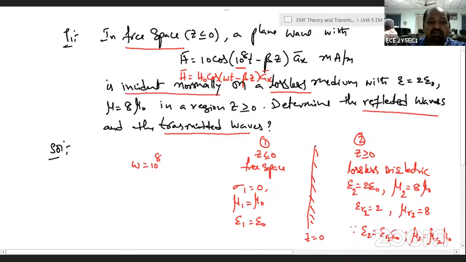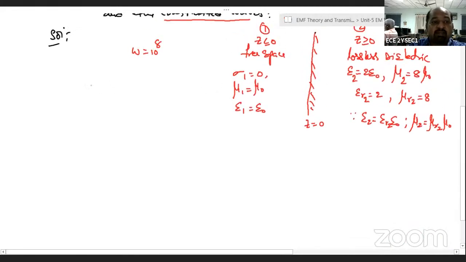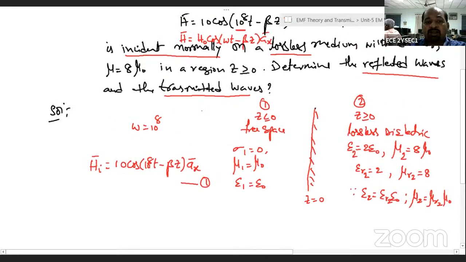So therefore the incident magnetic field is H_i bar, which is equal to 10 cos(10 power 8 t minus beta z) in the x direction. So this is given. Let us say this is equation 1.